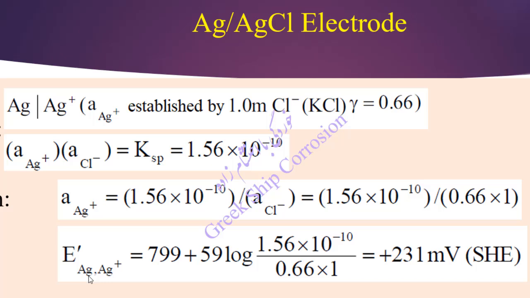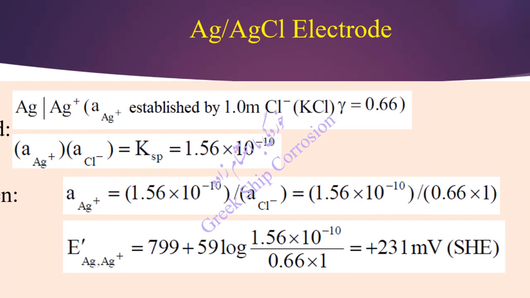The non-standard potential of silver cation equals 799 plus 59 times the logarithm of 1.56 times 10 to the negative 10 over 0.66, which equals positive 231 millivolts versus the standard hydrogen electrode.